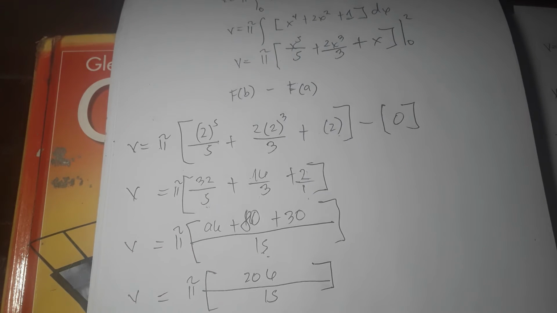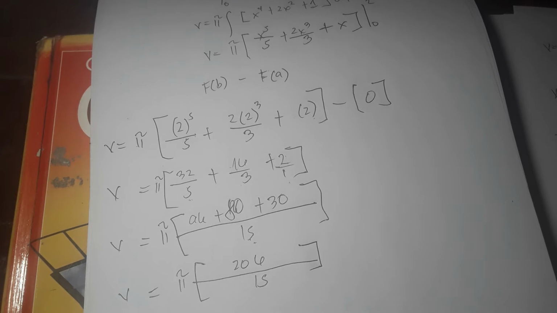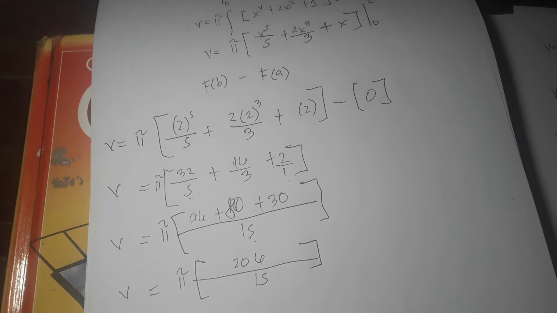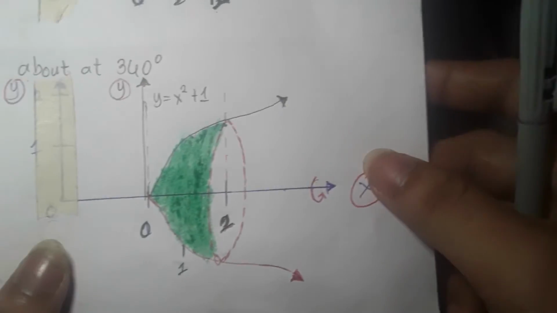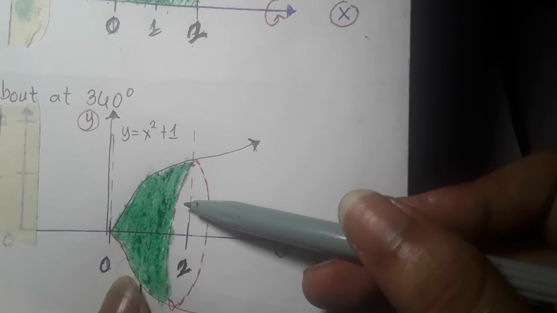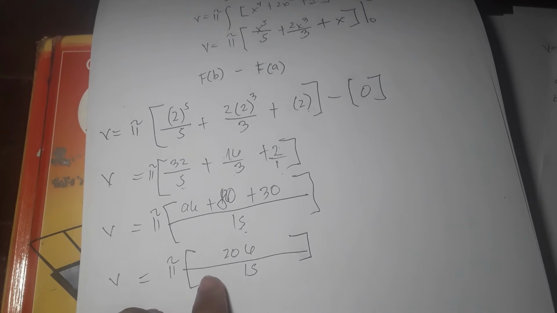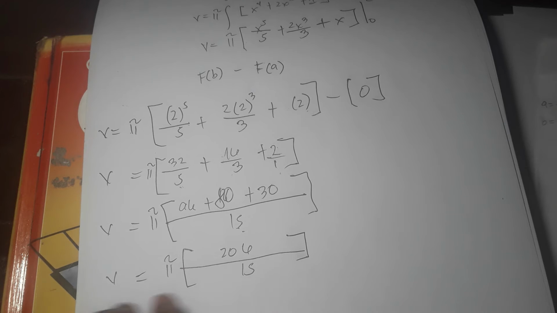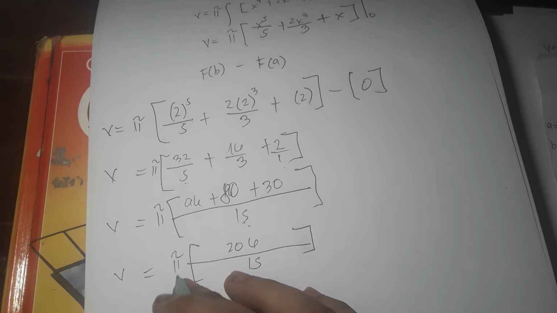So for now, let's evaluate pi times 206. The result is 206 pi over 15. So this is already the volume of the given figure from our case 1. The volume of the figure from case 1 is equal to 206 pi over 15. But we need to convert this into a decimal.